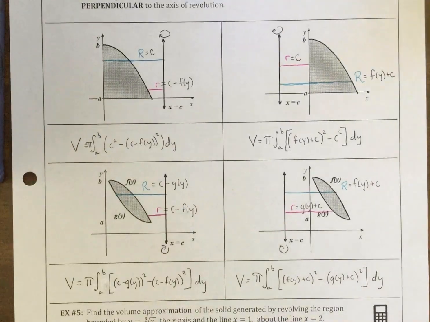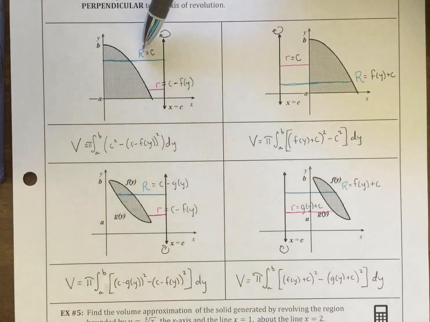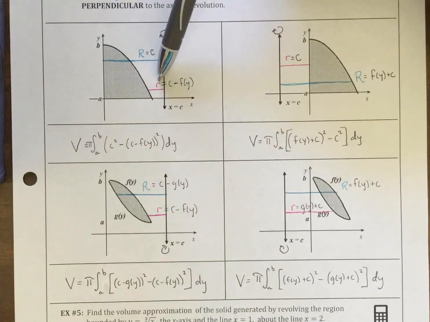If you pay attention, again, we're looking for the big radius, big R, and the little radius, little r. Here we have the y-axis over here, but they're asking us to spin it about the line x equals c, so like x equals 3 or something.